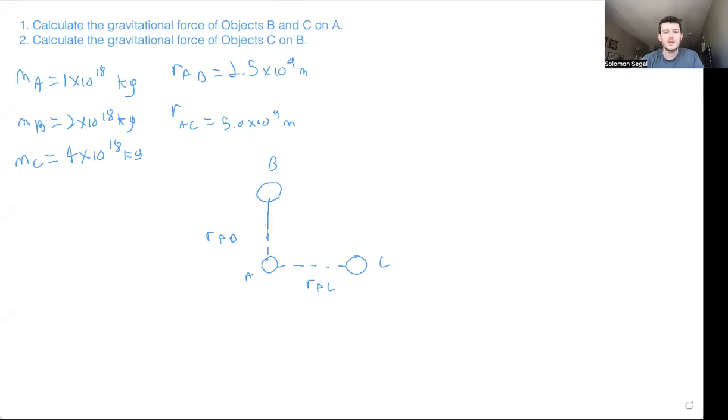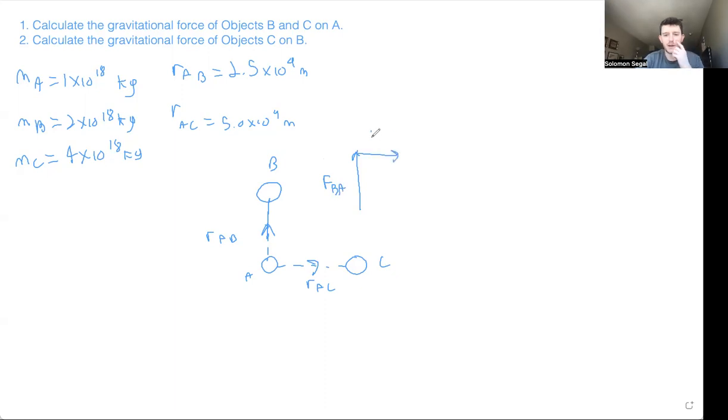pulls B with. So if we're looking at the way we've set this up, we have these three objects, and object B is going to be pulling A up a little bit, right? Because when two objects are exerting gravitational force, they want to pull each other in, and C is going to be pulling over here. That's the wrong way, over here. So if we were to draw this vector diagram out, this would be the force of B on A over here, and then C is pulling it here.